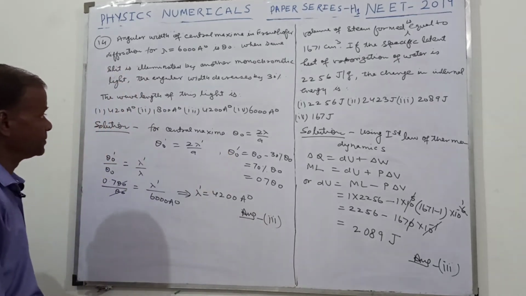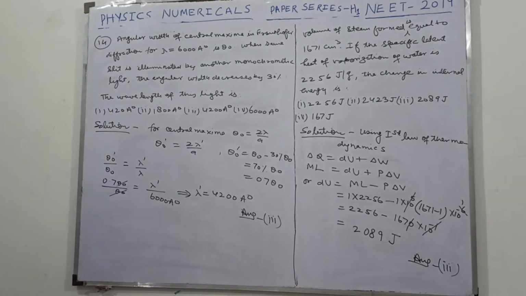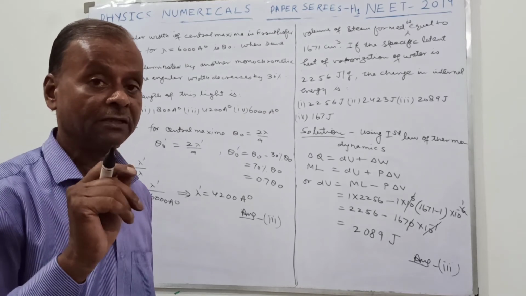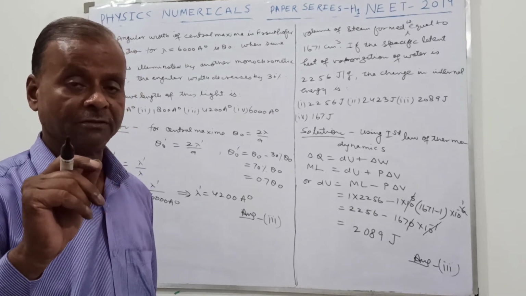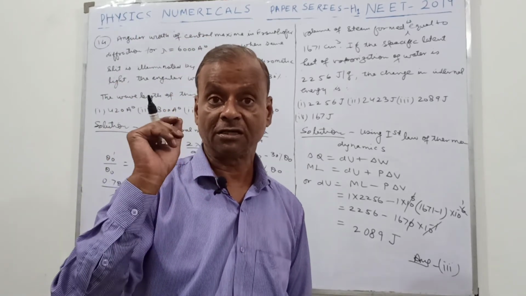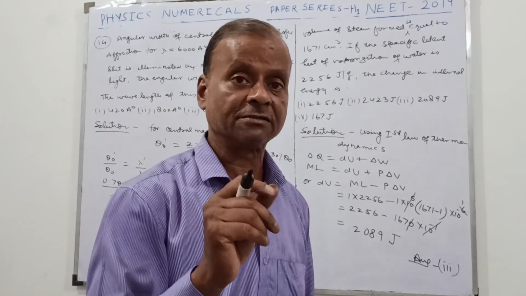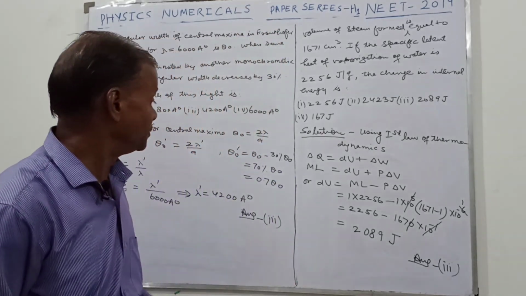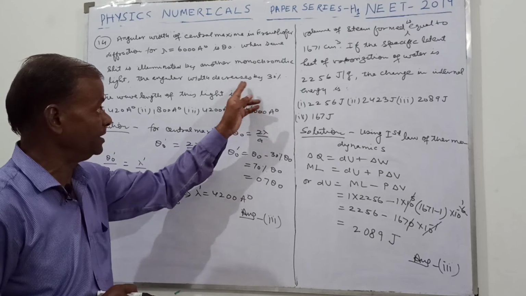This is the correct answer. So you have to understand what I told you earlier also, that sometimes we do not understand the language of the question, and we choose the correct or the incorrect meaning of the language. So this is the meaning of decreases to and decreases by.